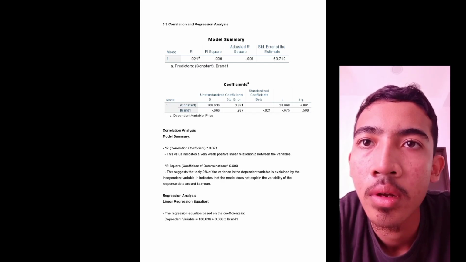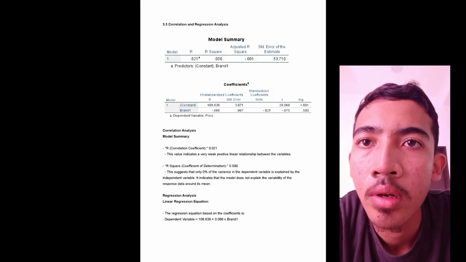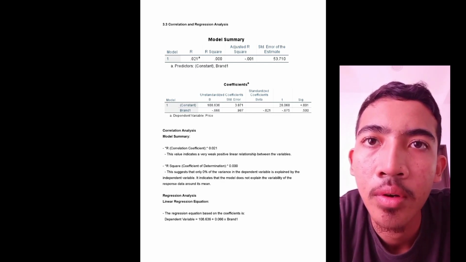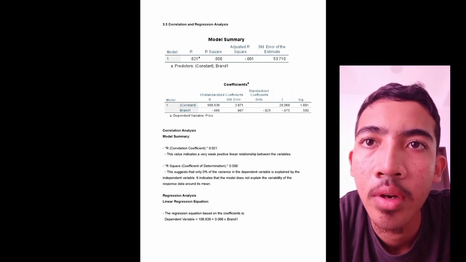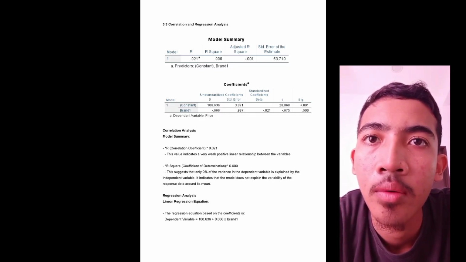Next, regression analysis. Linear regression equation. The regression equation based on the coefficients is: dependent variable equals 108.636 plus 0.066 multiplied by brand 1.